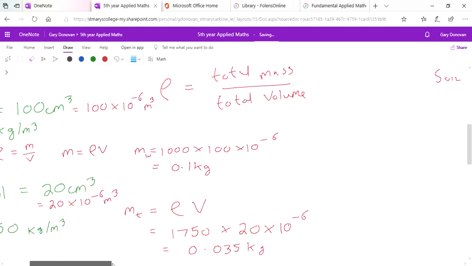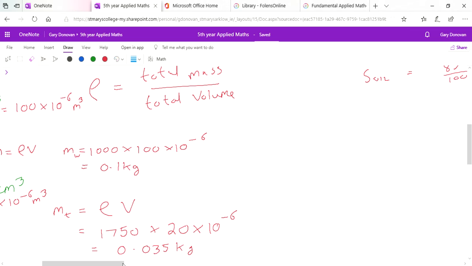So now to get the total mass, it is going to be the mass of the water, which is 0.1 kg, plus the mass of the treacle, 0.035 kg, which is 0.135 kg. That's the total mass.